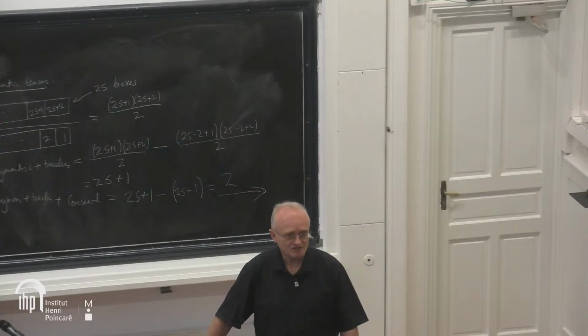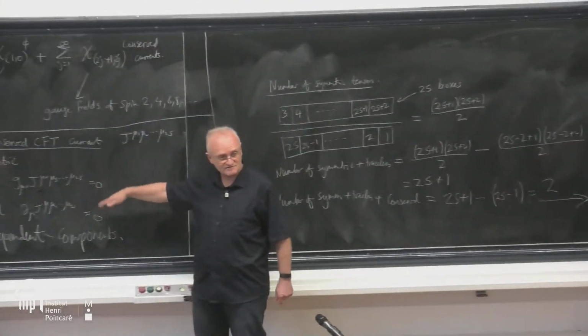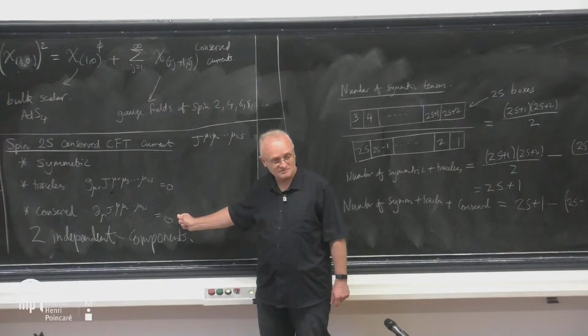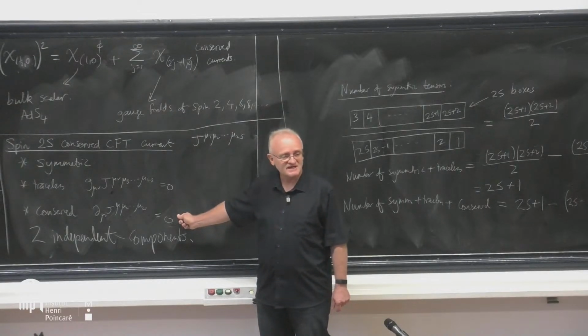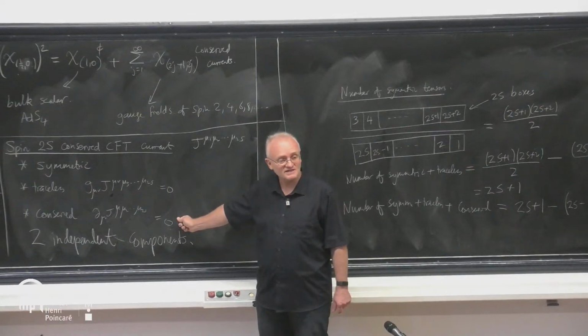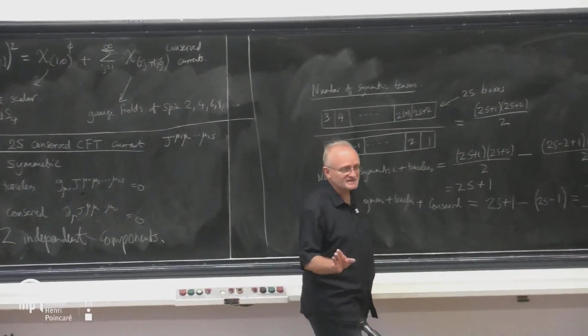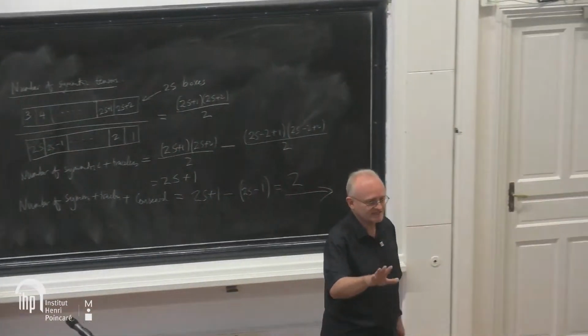So solving these equations is very nice and easy, but solving this equation is non-local, and you have to worry about 0 modes. The lovely thing in light cone gauge is that you can say 1 over d plus, and d plus has no 0 modes. So in light cone gauge, solving the conservation equation is no big deal at all. In other gauges, it's a little more complicated, but it can also be done.